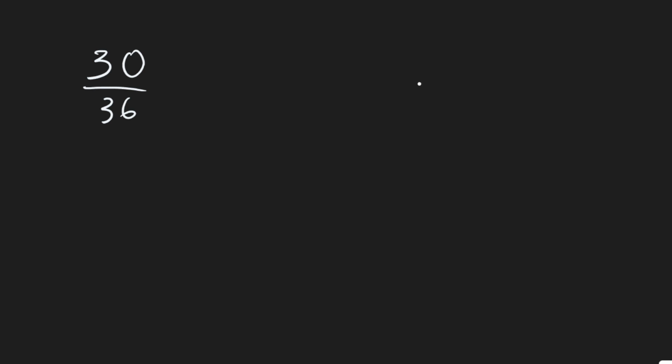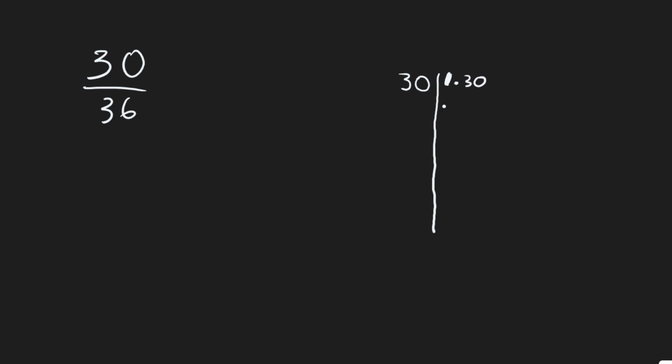I want to show you something. If you put 30 over here, let's find the factors of 30. We always start with 1. 30 is equal to 1 times 30.